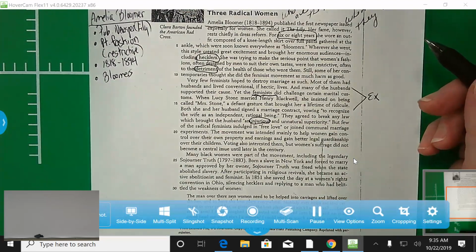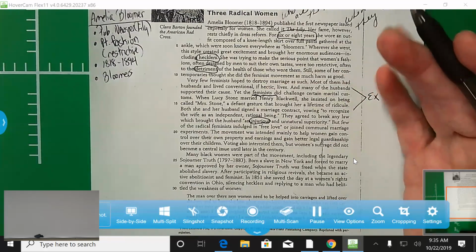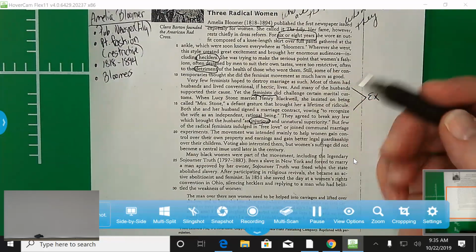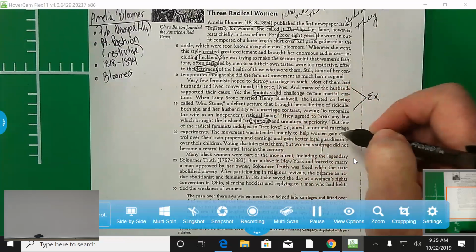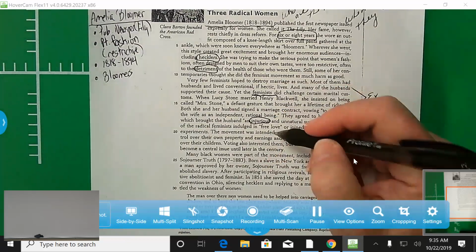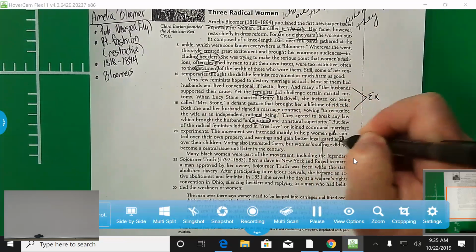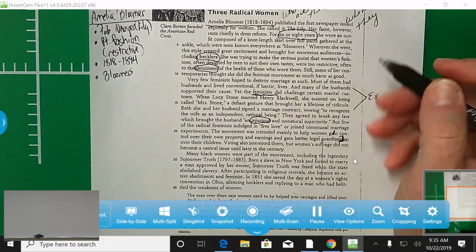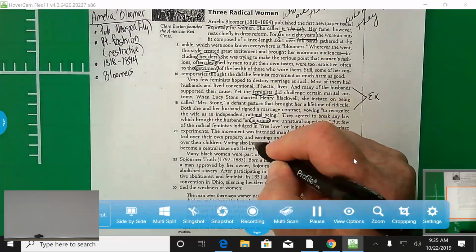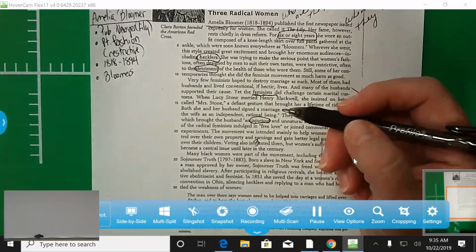And then I think the next thing on our checklist is the list, right? So that's what she was pointing out. They list what the feminists wanted, which was the movement was intended to help women gain control over their property and earnings, gain better legal guardianship over their children, and then voting did interest them, but it didn't come about till later on.